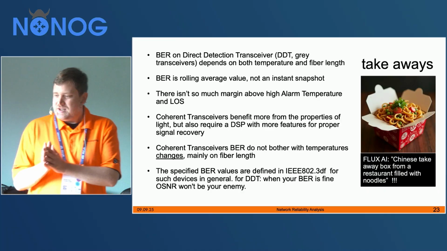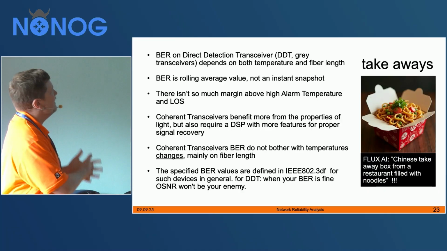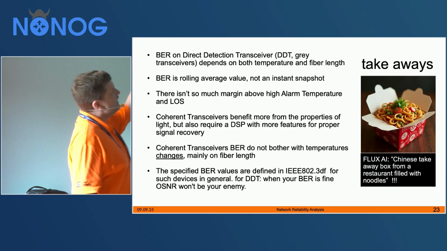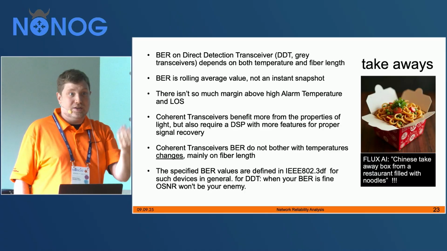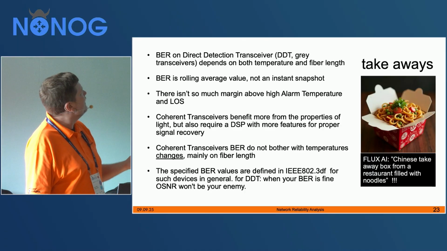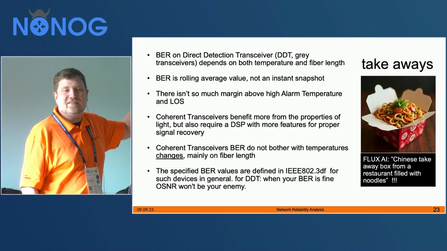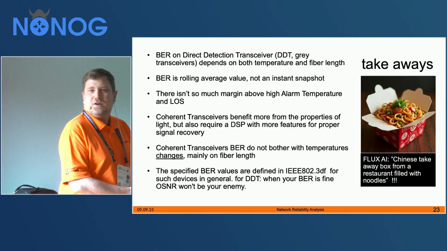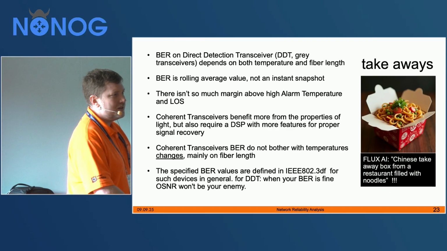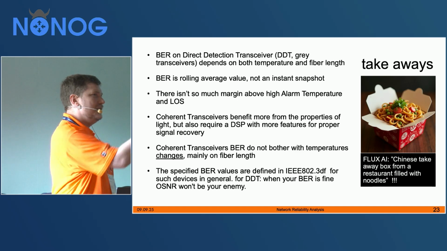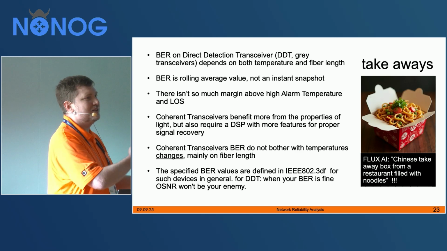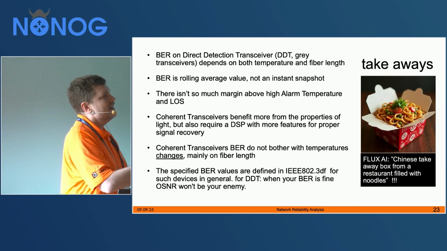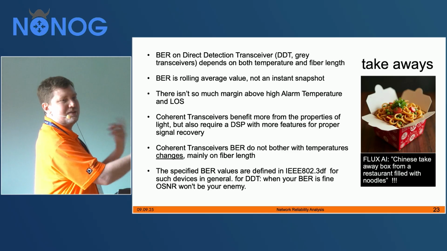And with that, I'm almost finished. Here are some takeaways. A direct detection transceiver is a non-coherent one, we can call it. It still depends on temperature a little bit. Bit error rate will always be a rolling average, which means what you actually read is based on a counter that is divided by itself, and it always takes the last value and divides by it.